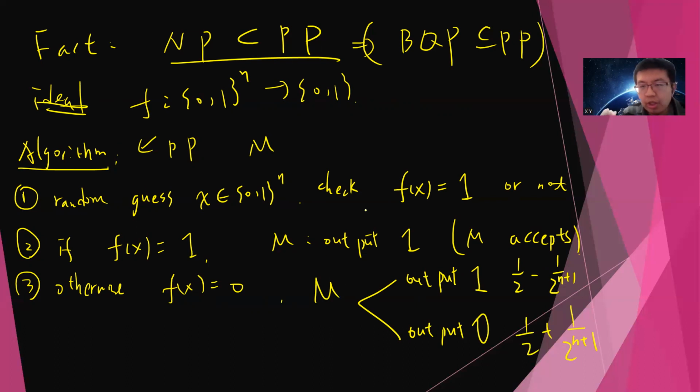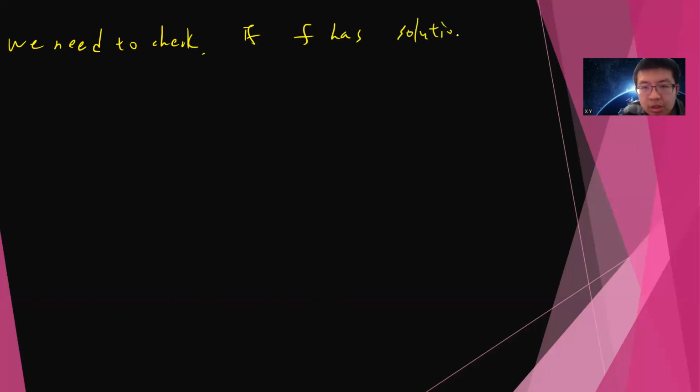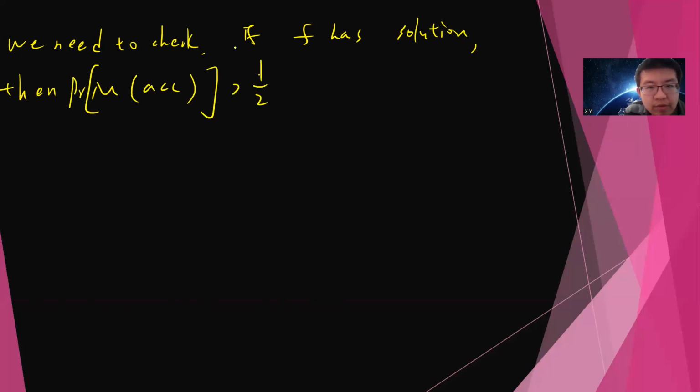So we need to check that this algorithm is correct. Basically, we need to check that if f has a solution, then the Turing machine accepts with probability strictly greater than half.